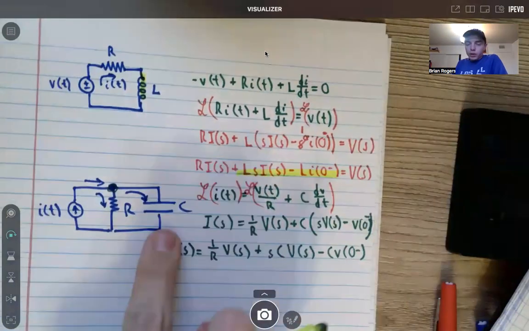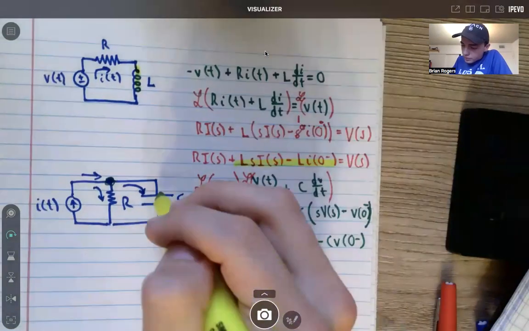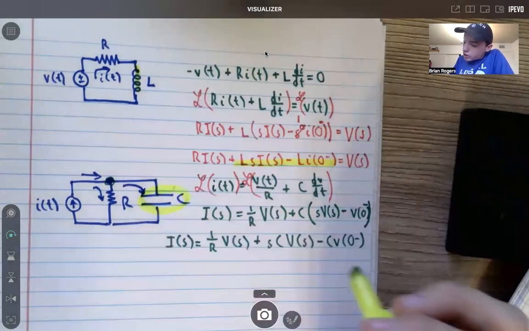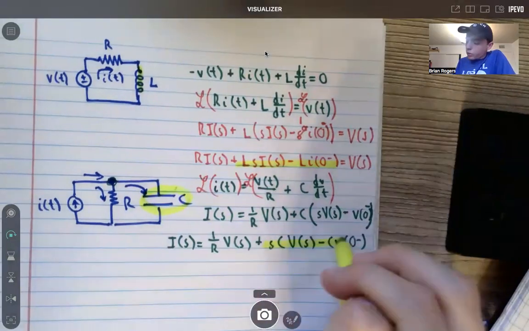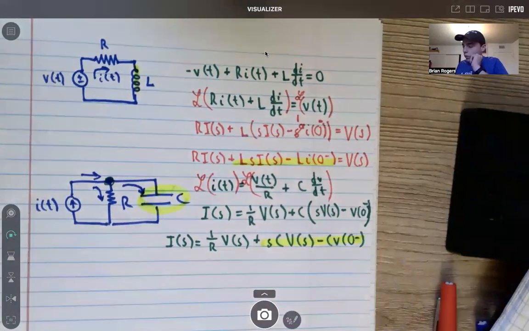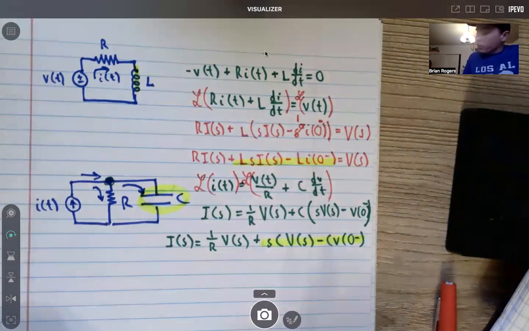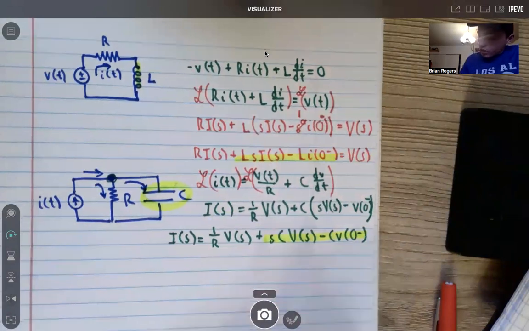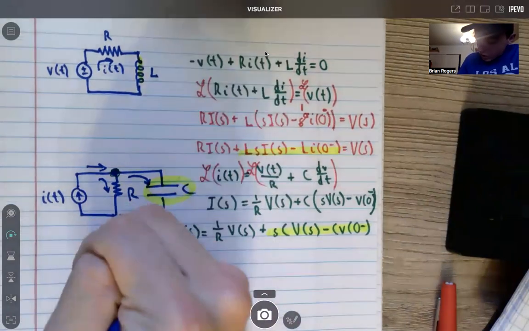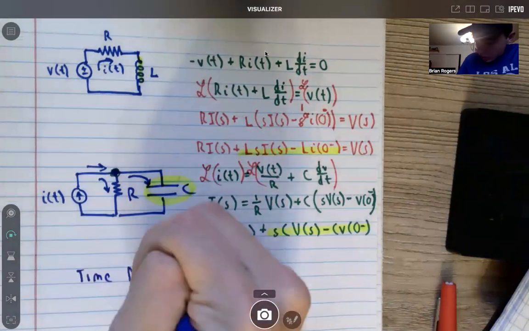And when we look at the capacitor, we noticed it contributed this part to this equation here. So what we're going to say is, when we have an inductor in the time domain, let me make a difference here: time domain versus frequency domain.